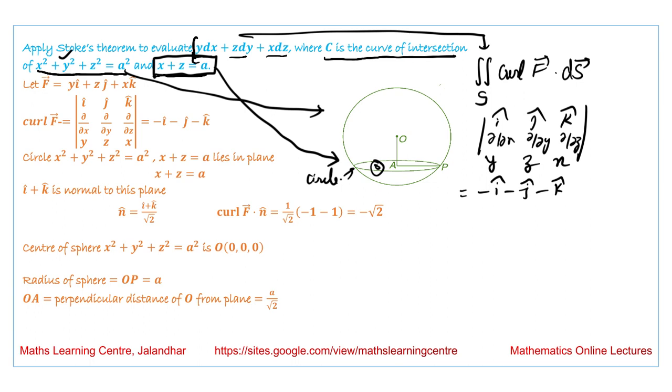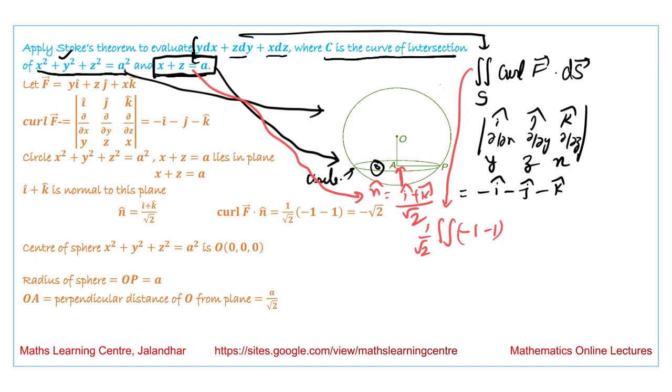And now we have to calculate the normal to this curve. So n cap is given by i cap plus k cap divided by root 2. So this integral becomes a double integral, and the dot product of both these will give us 1 by root 2, then we have minus 1 into dS.